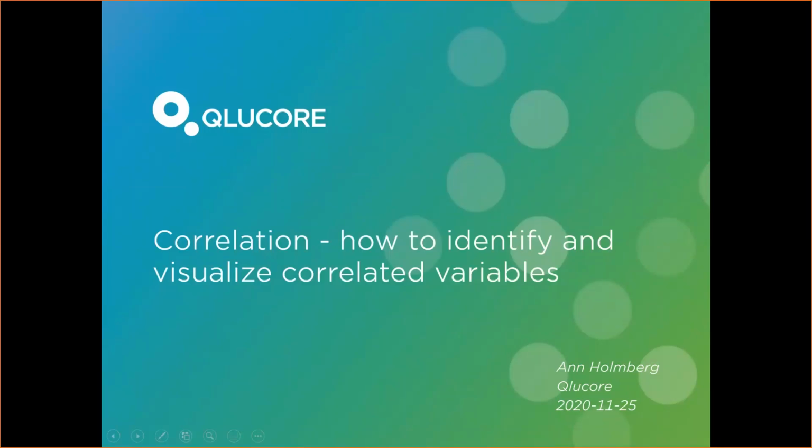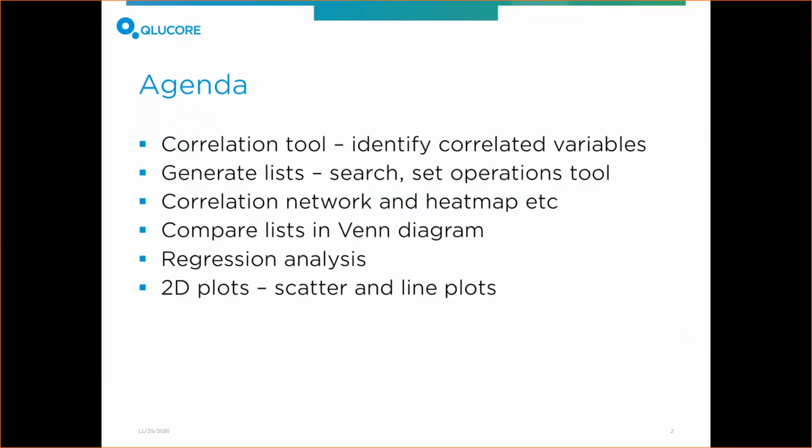So today's webinar will talk about how to identify and visualize correlated variables. So let's start with that. We will have a look at the correlation tool to identify correlated variables and also generate lists using search and the set operations tool.